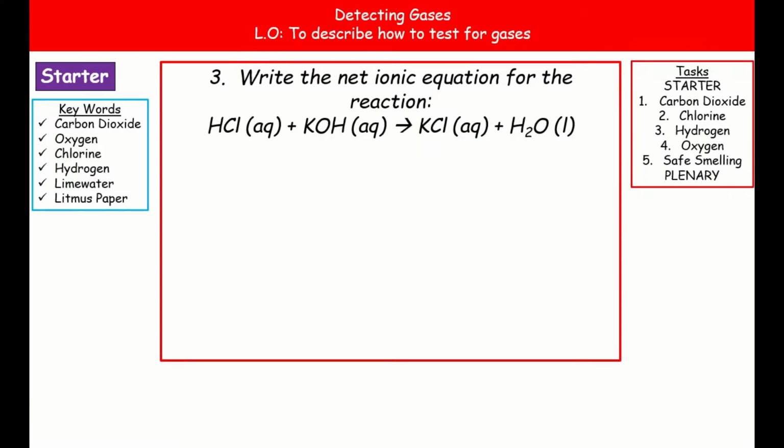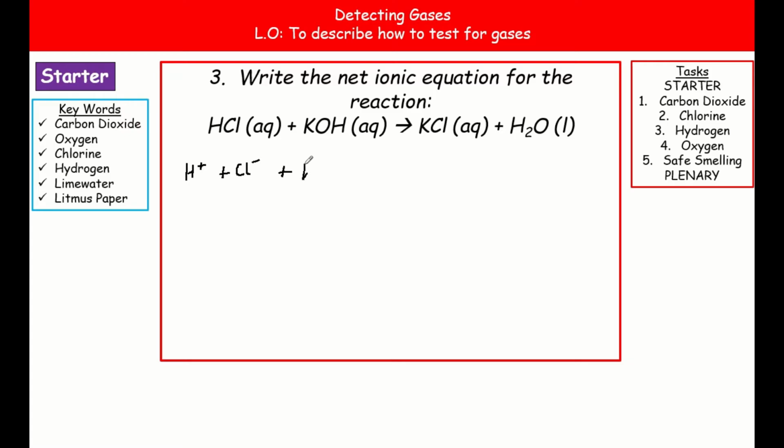So if we have a look at how we answer question 3 then, we've got to write the net ionic equation for the reaction. HCl plus KOH makes KCl and H2O. So first thing to do is start by writing out all of the different ions we have involved. So we've got H+ and Cl-, that comes from this one.